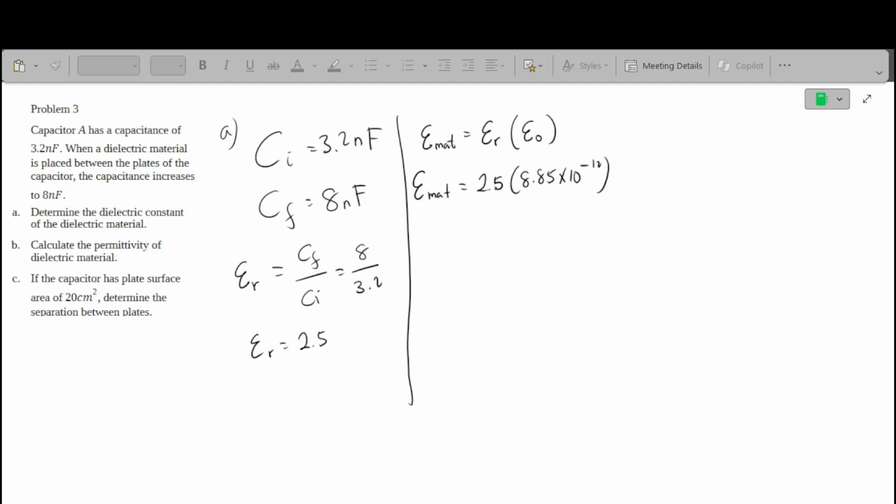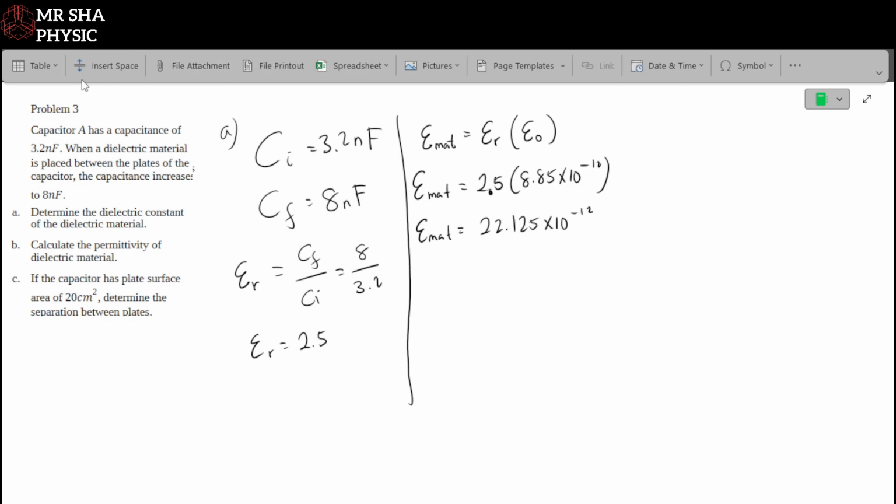Okay, so then what I'm left with is going to be 125 times 10 power of negative 12. This is the permittivity of the dielectric material.